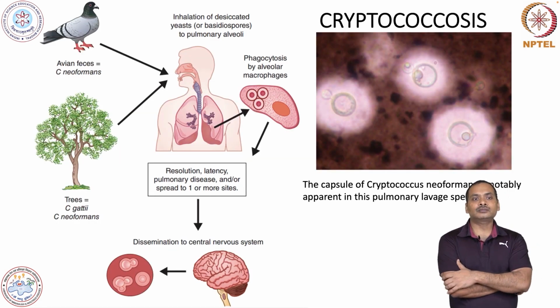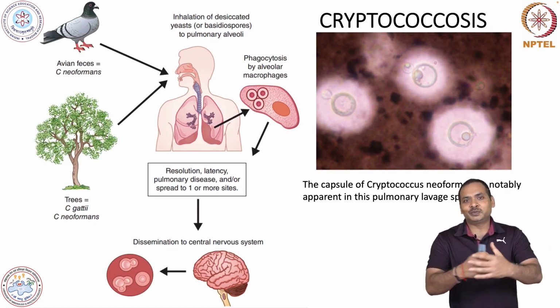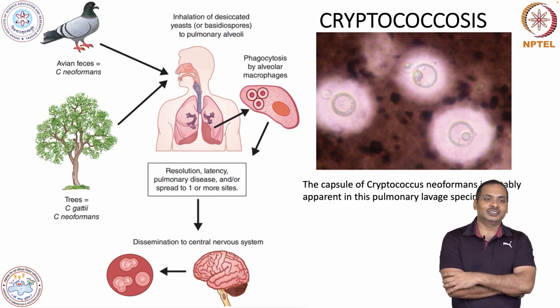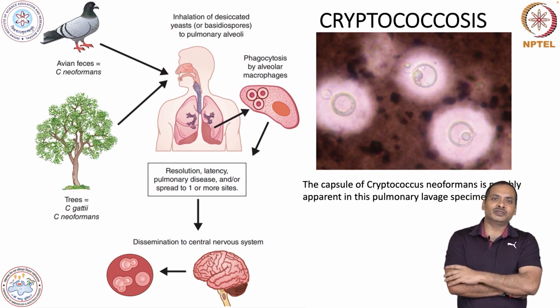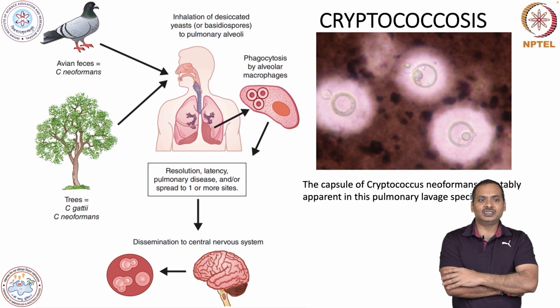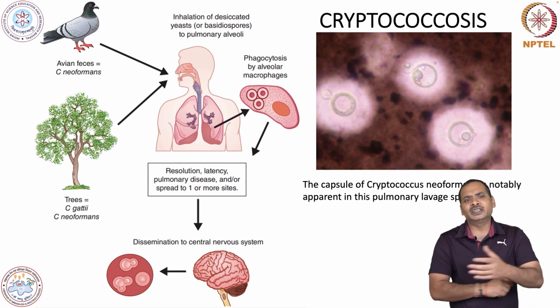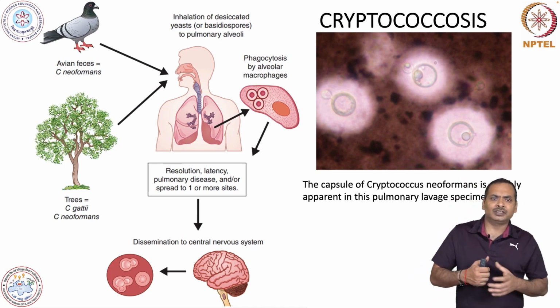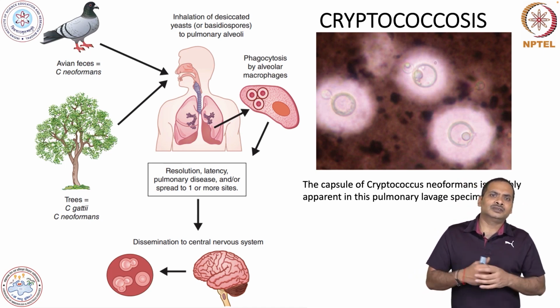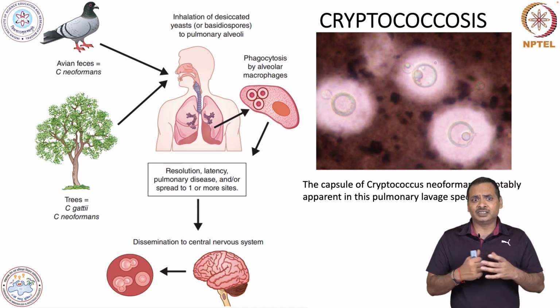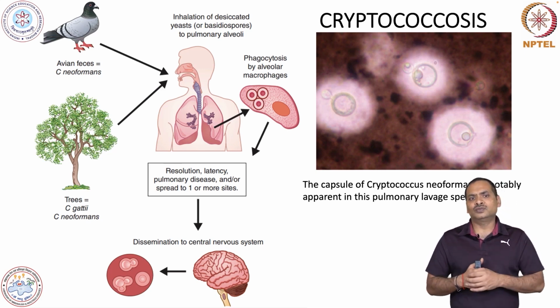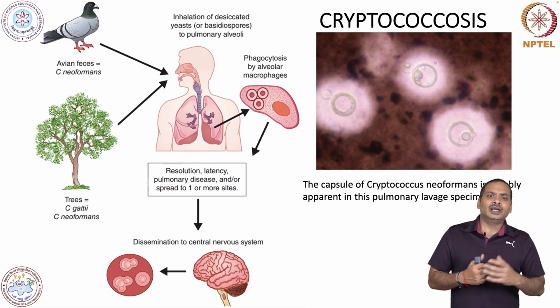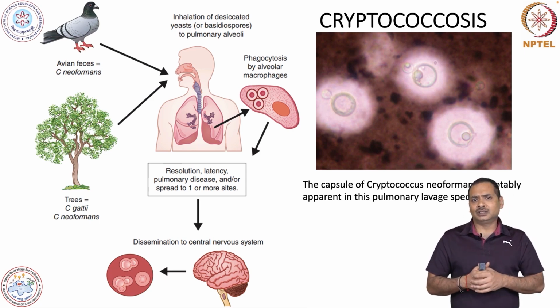Here I am presenting the life cycle of this fungus. You can see that this Cryptococcus neoformans is coming from pigeon feces, and the desiccated yeast is inhaled into the pulmonary alveoli. This can also come from trees. It affects the lungs.